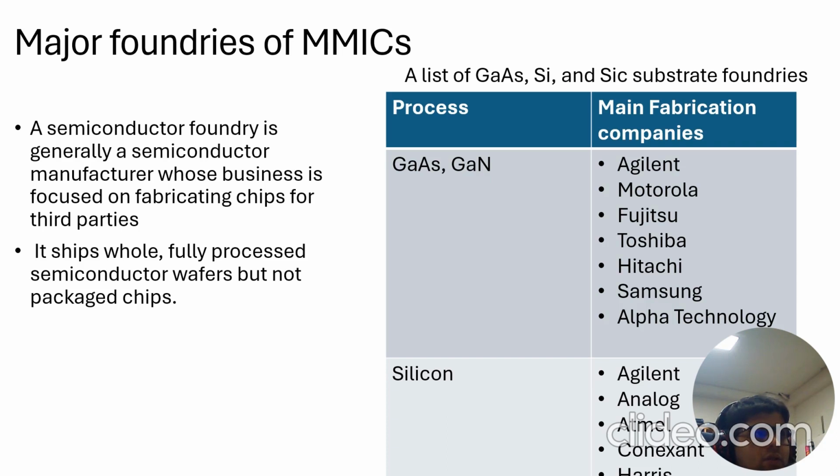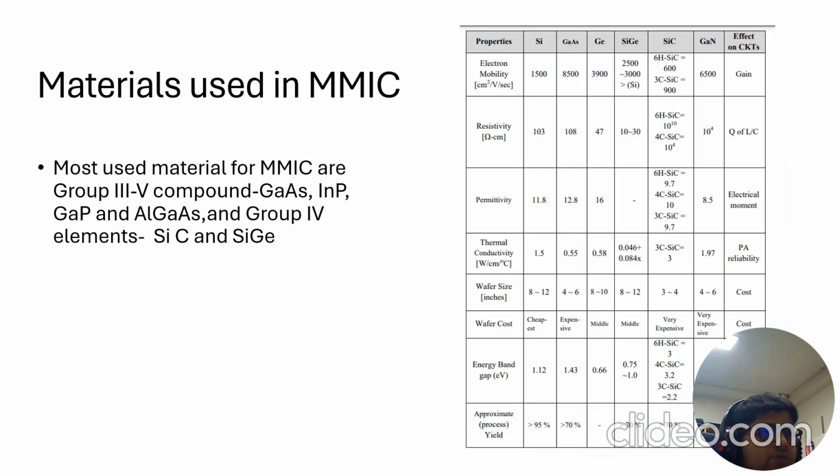For gallium arsenide and gallium nitride, the fabrication companies are Element, Motorola, Fujitsu, Toshiba, Hitachi, Samsung, and Alpha Technology. For silicon: Element, Analog, Emerald, Complex, and Harris.